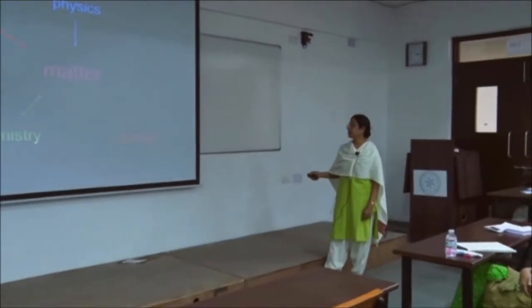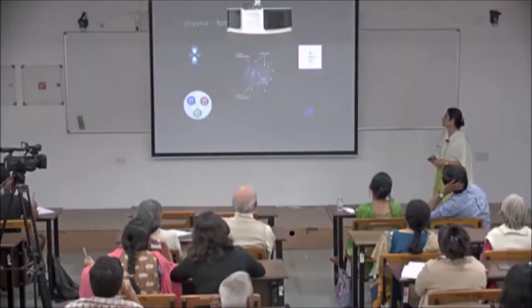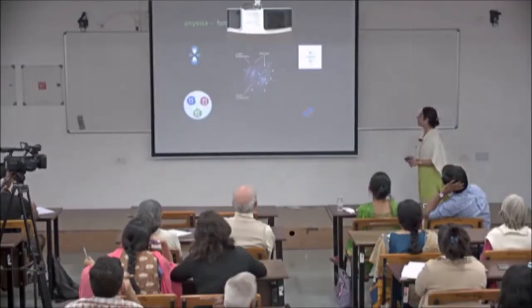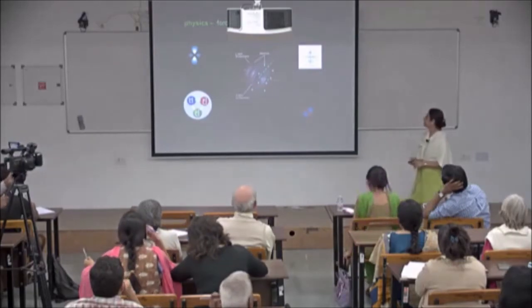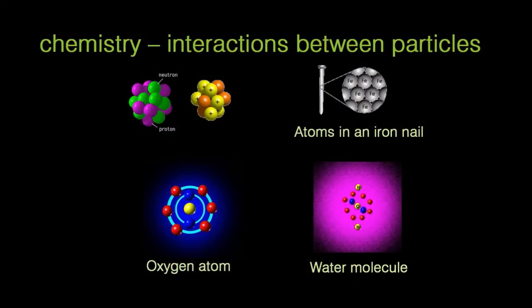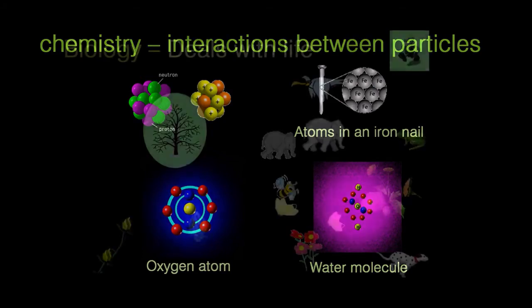So let's have one sample. Let's say some matter, and can all these three subjects study the same matter but from different perspectives? Yes, why not? Physics will talk about forces between particles, and chemistry will talk about interactions between particles, how these are arranged and rearranged to form new chemical substances.